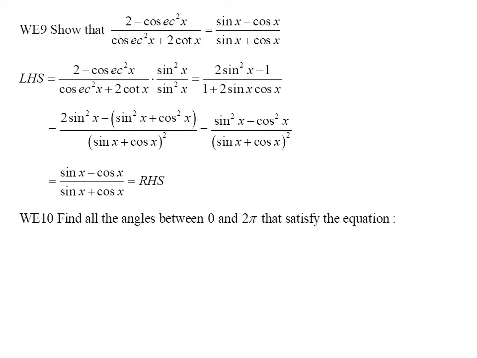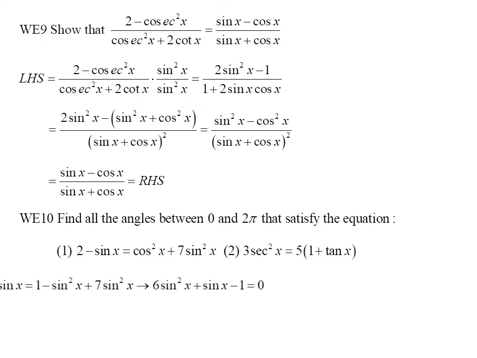Example 10 is to solve two circular equations given that all the angles are between 0 and 2 pi. As for the first equation, cosine squared x is replaced by 1 minus sine squared x.